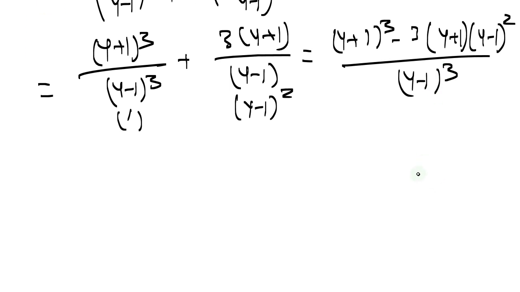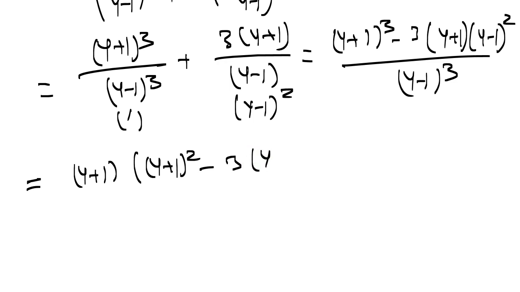So from here we have then that this is going to be equal to, let's factor out y plus 1, and then this will multiply y plus 1 squared minus 3 times y minus 1 squared, right? And this all here divided by y minus 1 to the power of 3.